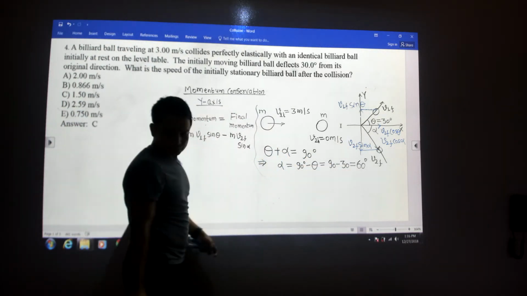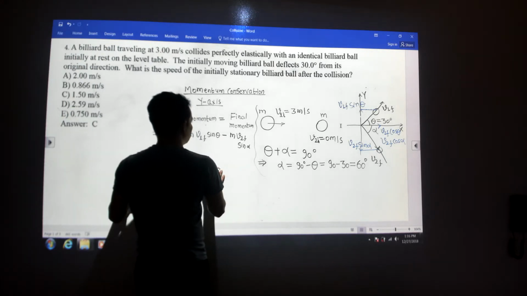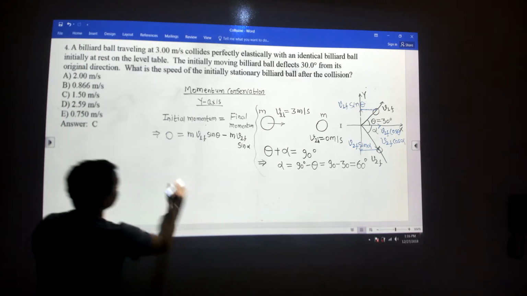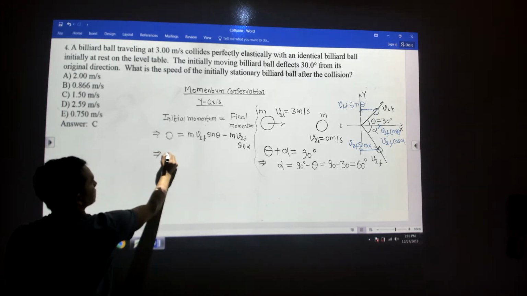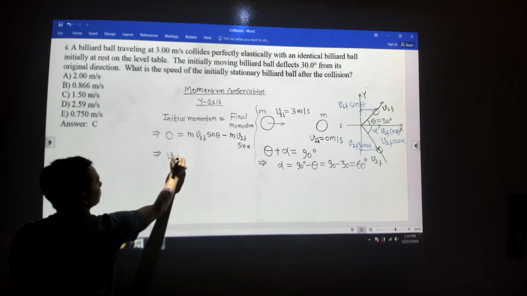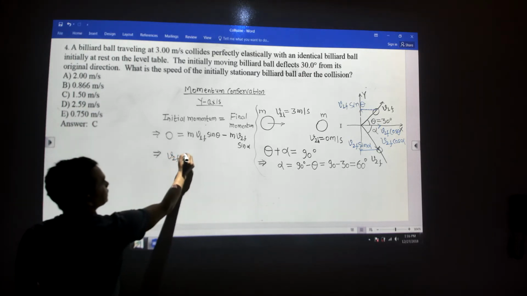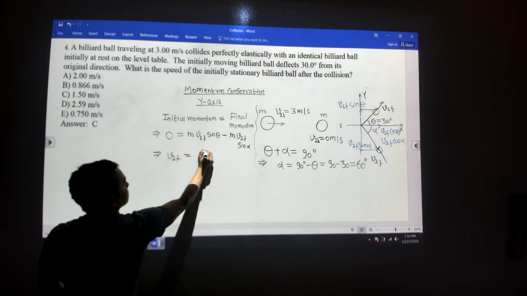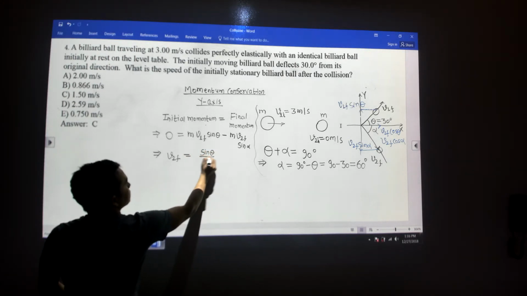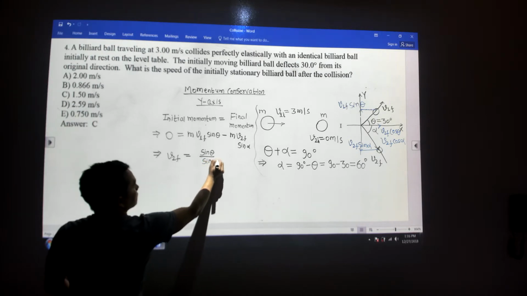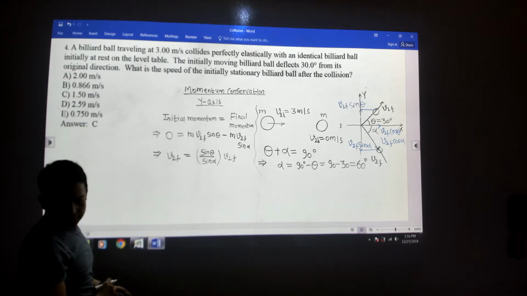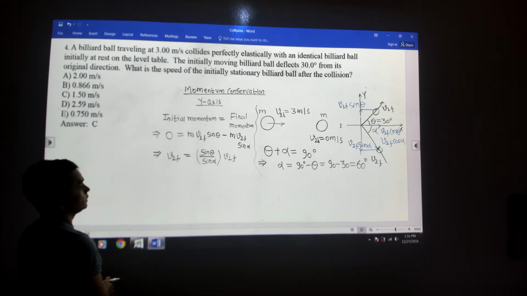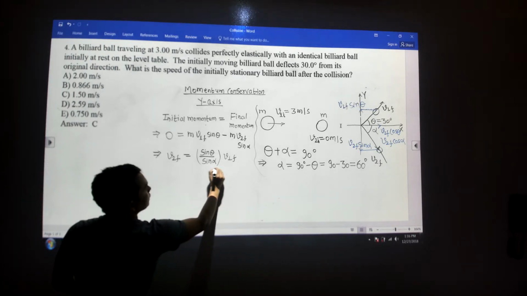Solving this equation, the mass cancels out, and V2F is equal to sine theta divided by sine alpha times V1F. Let's call this equation 1.